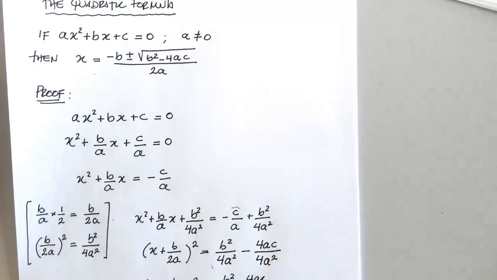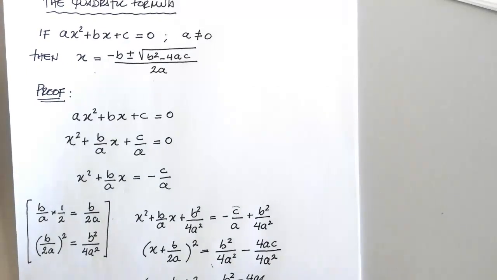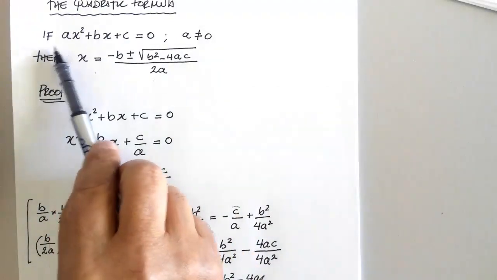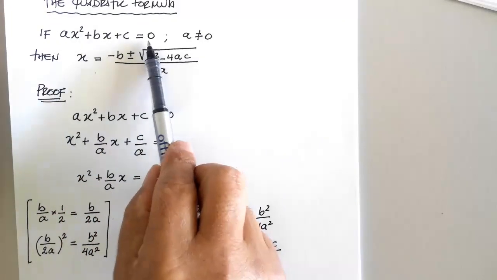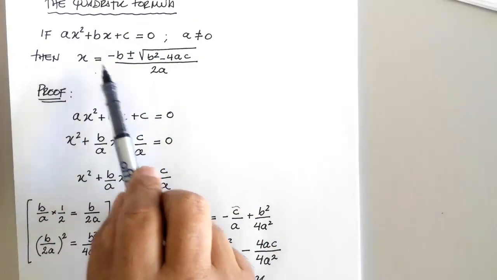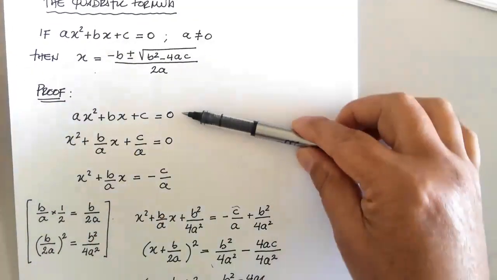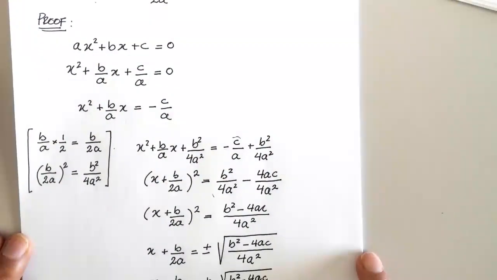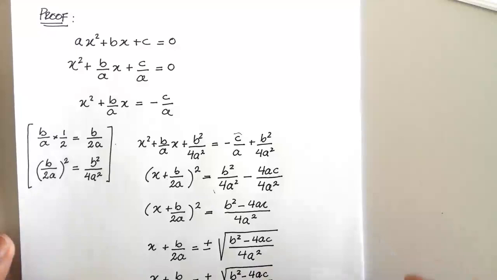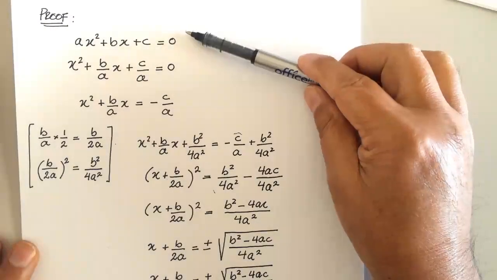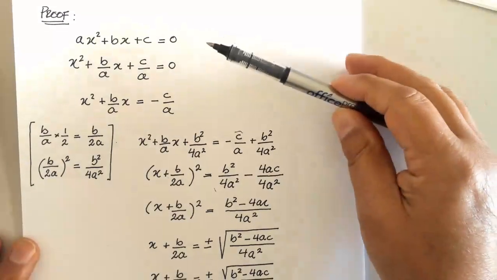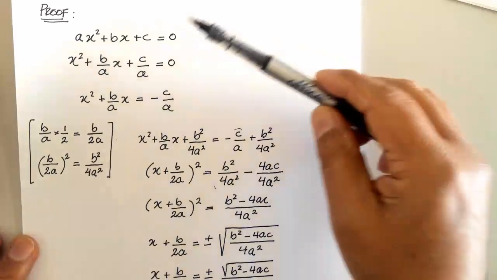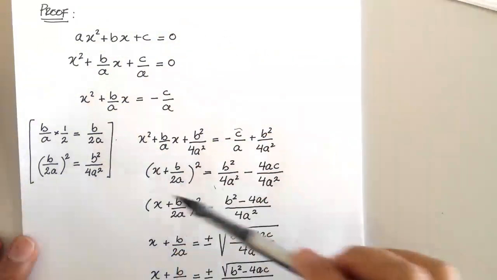So the statement says that if you have this quadratic equation, then the answer for x is given by this expression, and here you have the proof step by step. And what you should do is redo this proof many times until you understand every single step.